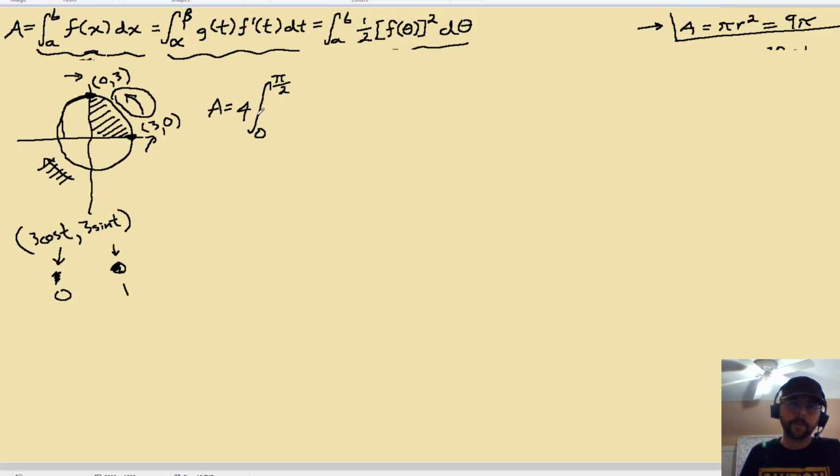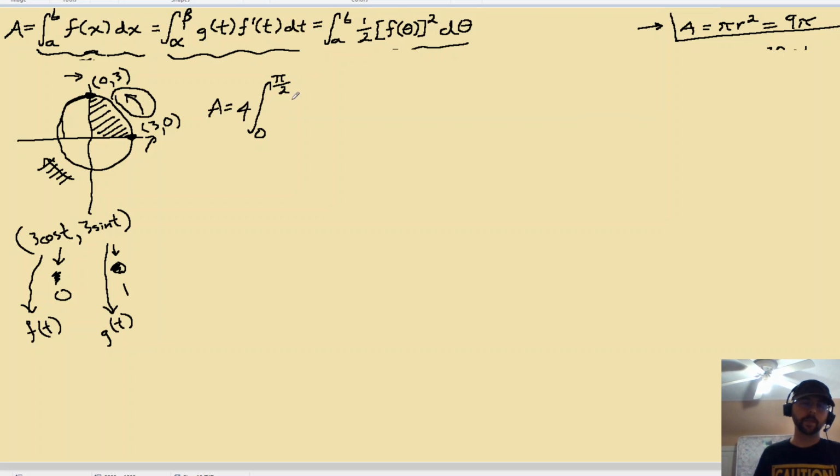So 4 times the integral from 0 to pi over 2 of g of t. So the thing to know here is that this side is g of t, should be correct, and this side is f of t.